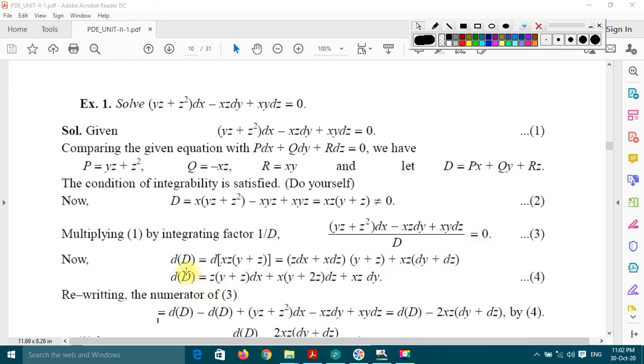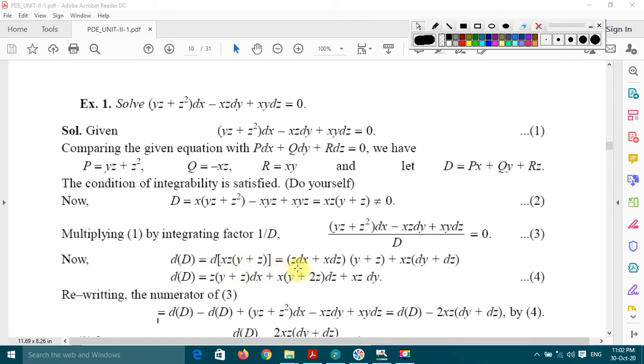Now come on to the next form. Find the exact differential form of capital D. Your capital D is xz into y plus z. So d of xz into y plus z. Okay, so apply the differential multiplication rule.